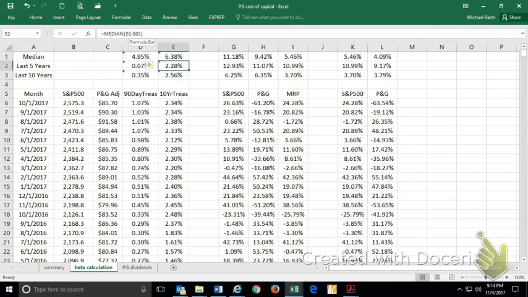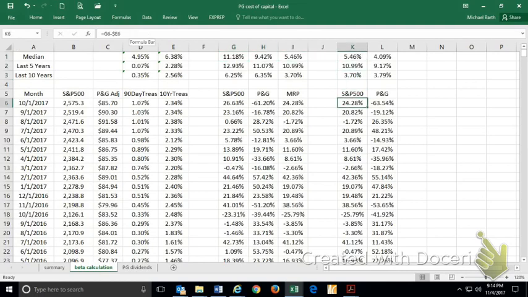Since the Great Recession, the bottom fell out of Treasury rates. So they're really low today, but the long-term run is like 6.5%. Depending on the period you use, you're going to get a different answer.